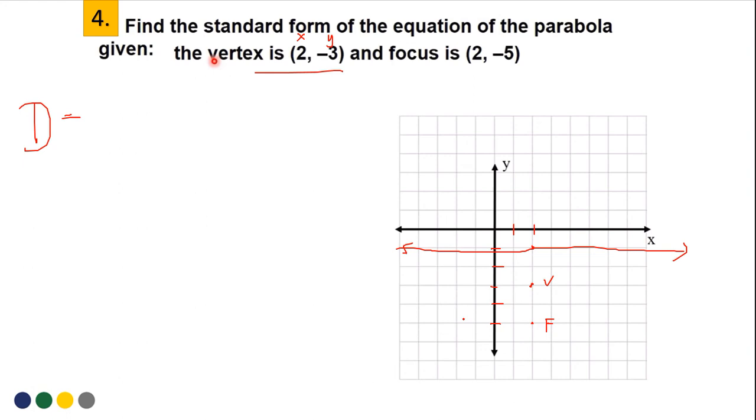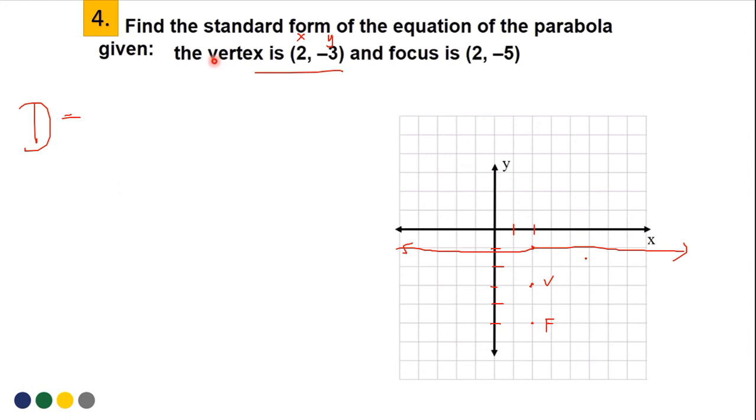Upward, sir. Sino nagsabing upward yan? Answer. What is the opening? Down, sir. It's downward. Not upward. This is the directrix kasi nasaraduan na yung upward. Kaya ang possible answer lang talaga dyan is downward.